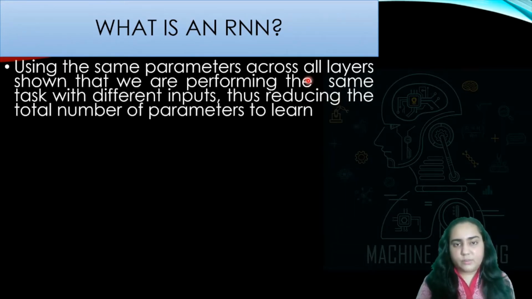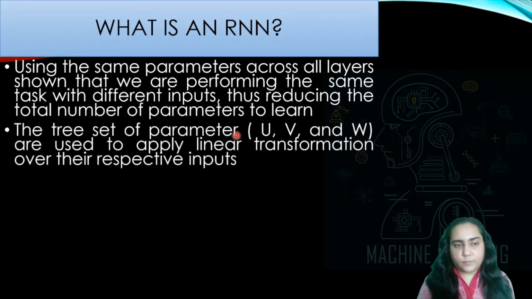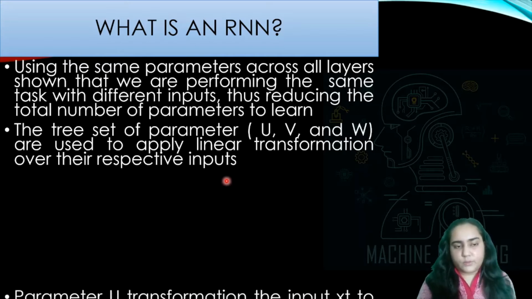And using the same parameters across all layers shows that we are performing the same task with different inputs. So we are reducing the total number of parameters to learn, okay? Performing the same task with different inputs would reduce the total number of parameters that you require to learn. And the three sets of parameters U, V, and W are used to apply linear transformation over their respective inputs.